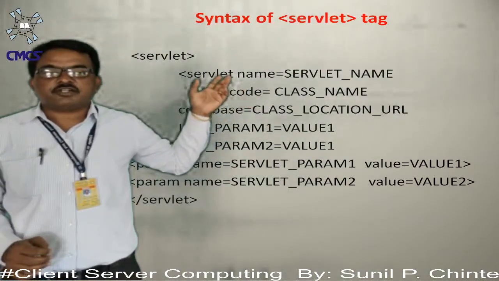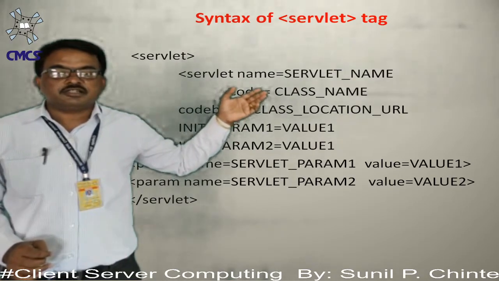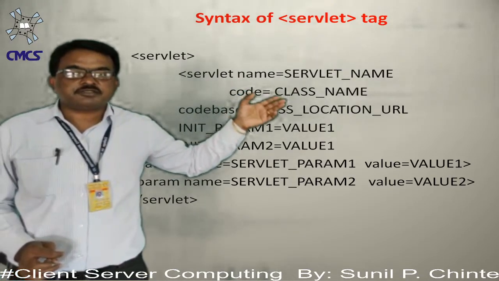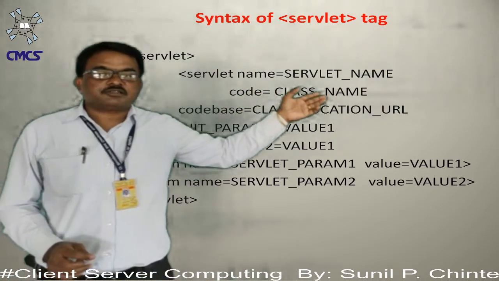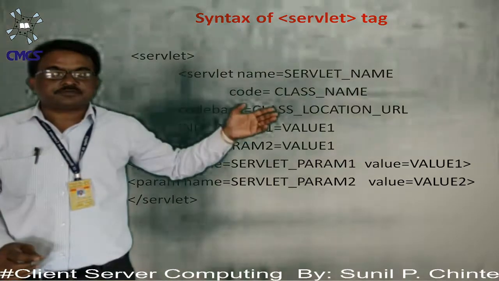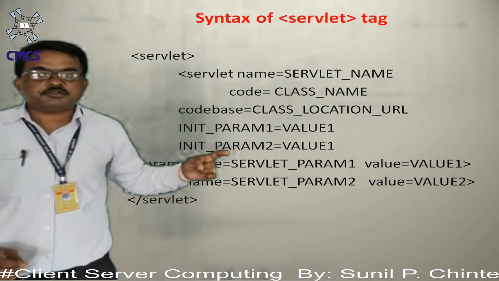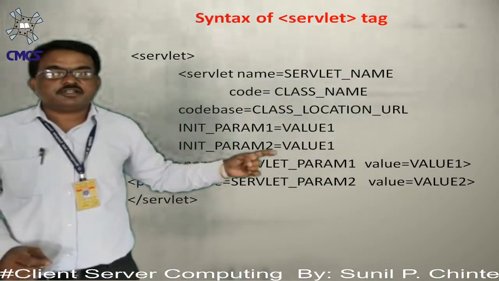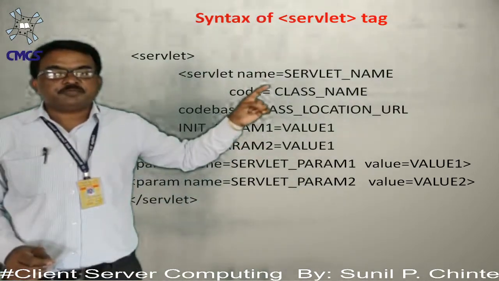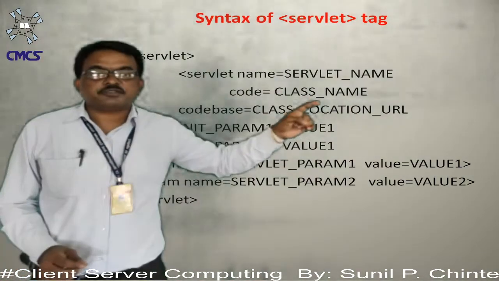The servlet tag has the sub attribute that is the servlet name, that specifies the servlet name. Then the code attribute, the code base attribute, the initial parameters. So name is the name of the servlet, code is the name of the servlet class.